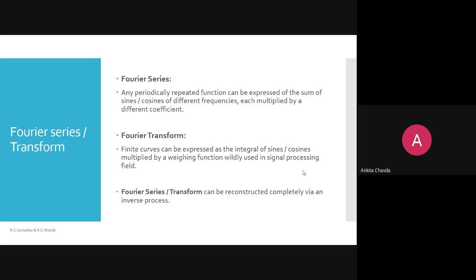If we are going from the spatial domain to the frequency domain, then we need to come back from the frequency domain to the spatial domain. So the Fourier series or transform can be reconstructed completely via the inverse process.